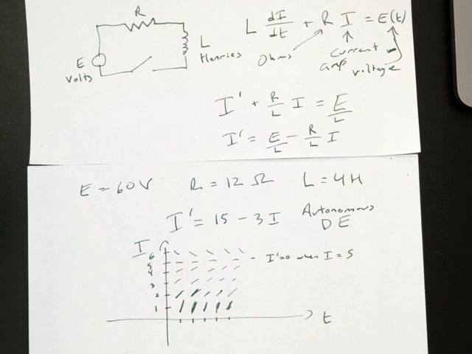I want it to be y prime, the left side, that's dy dx. Change in x is 1, the change in y is 15 minus 3y. Now, it's kind of hard to see here. Let me change it back to all be in one color. And if I zoom out, look at that.